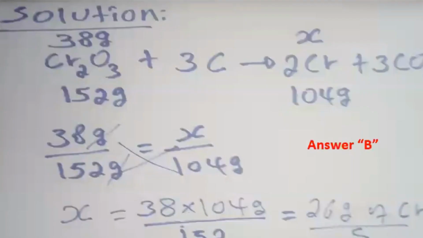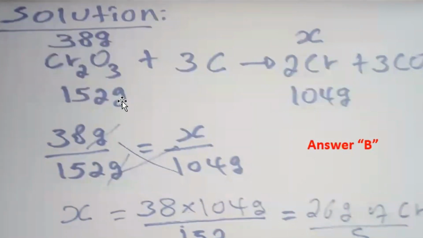Solution. First, write the balanced chemical reaction for our example: Cr2O3 plus 3C give us 2Cr plus 3 CO2. We have 38 grams of Cr2O3, and the mass of chromium is what is required, and the atomic masses of chromium and oxygen are given.